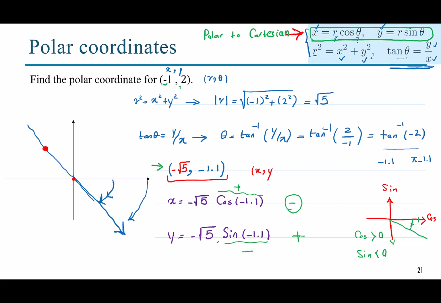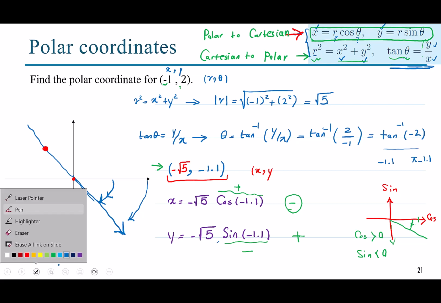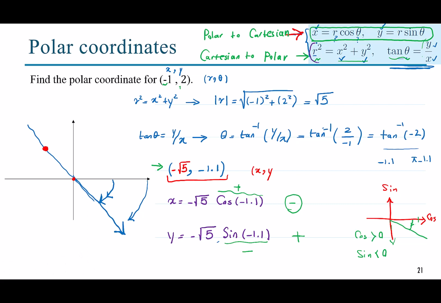And if we have x and y, it's easier to find r and tan of theta and then find that theta. So if I have Cartesian and I want to turn it to polar, I use these two here. Hope that makes you understand this better.